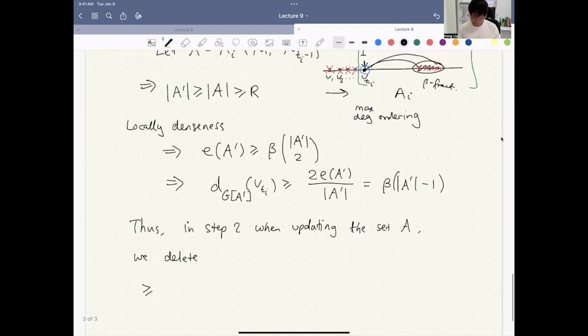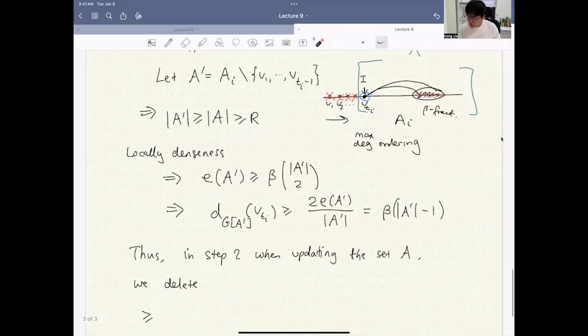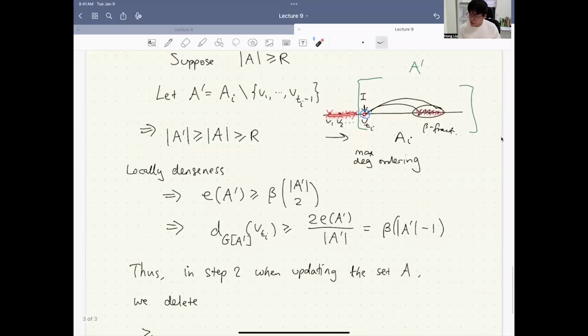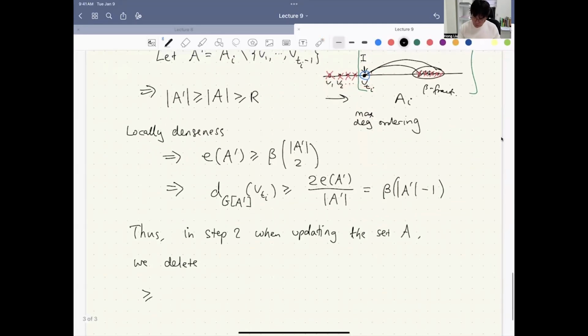Well, we first delete all these vertices right before this first vertex in I. We also remove, we put this guy in S, so this is also removed. So we remove at least TI vertices here, plus the neighborhood of the TIth vertex, which is at least beta times A prime minus 1. What is A prime minus 1?